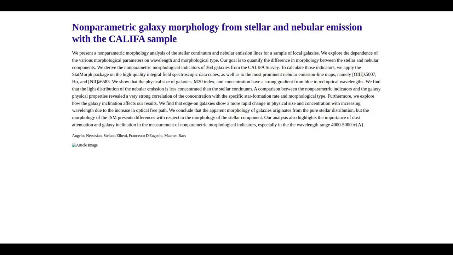Next article. Nonparametric galaxy morphology from stellar and nebular emission with the CALIFA sample. We present a nonparametric morphology analysis of the stellar continuum and nebular emission lines for a sample of local galaxies. We explore the dependence of the various morphological parameters on wavelength and morphological type.